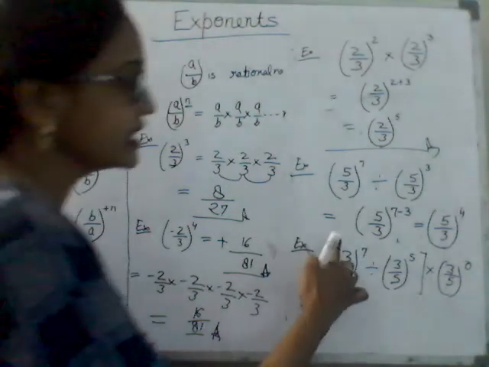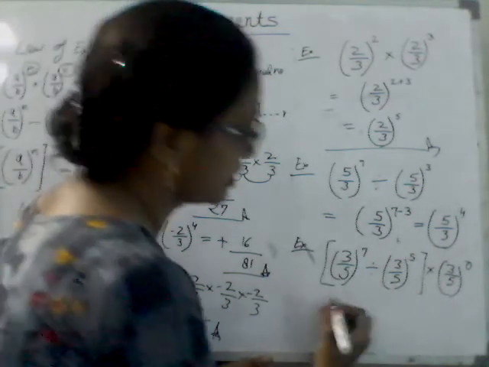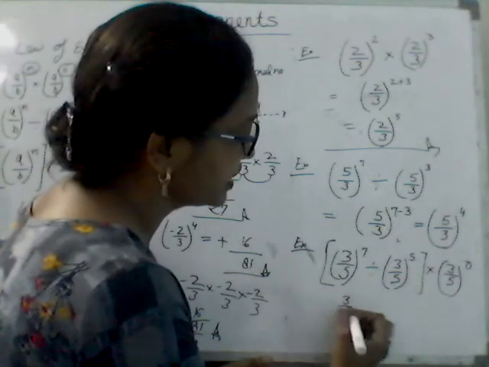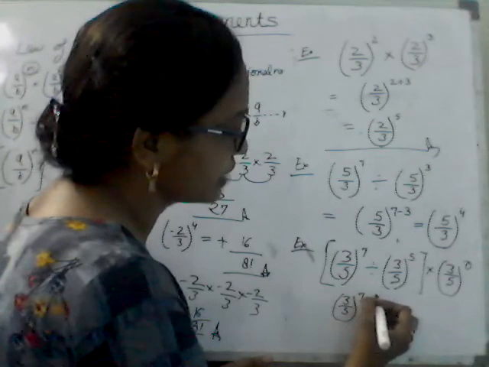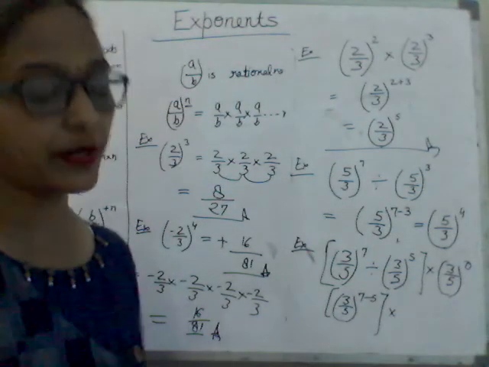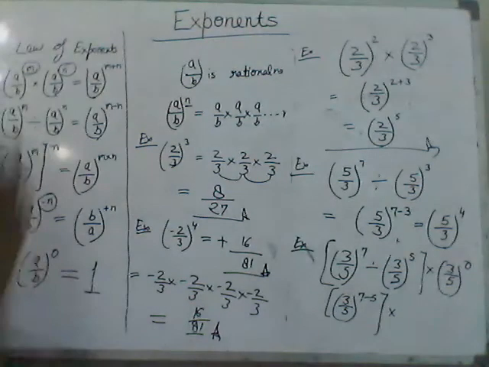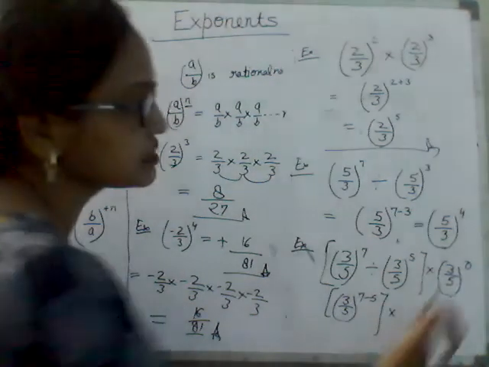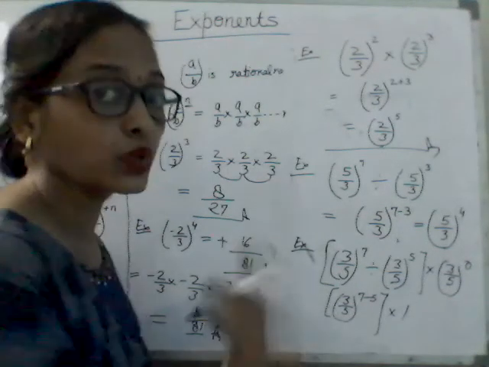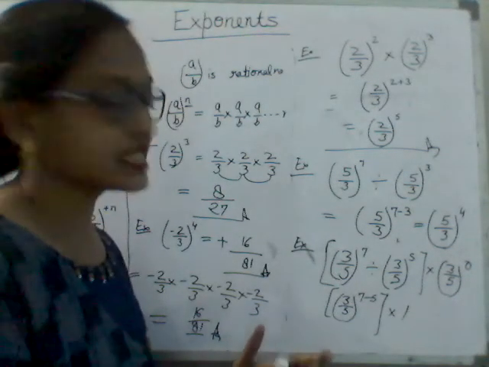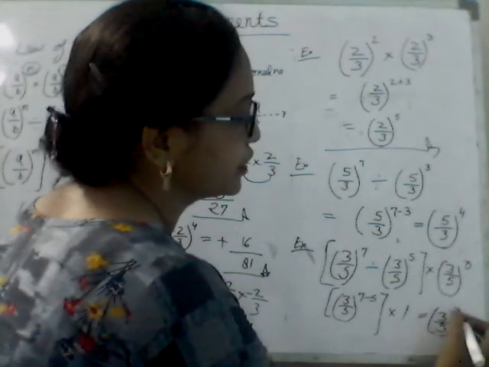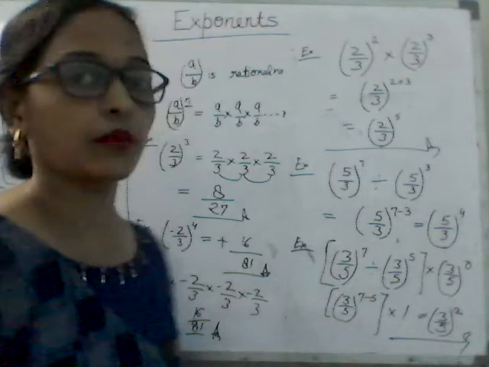Firstly, we solve the square bracket: (3/5) to the power 7 minus 5, and the other is (3/5) to the power 0. Use the fifth law: (3/5) to the power 0 is 1. And here (3/5) to the power 7 minus 5, 7 minus 5 means 2, so (3/5) to the power 2. Then we get the answer 9 upon 25.